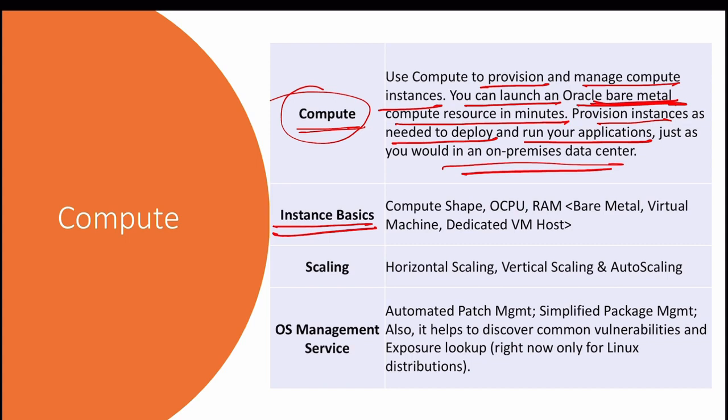Let's understand what are instance basics. For any kind of host or resource where we want to run our application, there is some configuration. Like for a VM, we talk about the size: how many CPU and how much RAM it will have. But in Oracle Cloud, we understand CPU in terms of OCPU and RAM. So these are the compute shapes. We can have shapes for three types of resources: bare metal machine, virtual machine, and dedicated VM host.